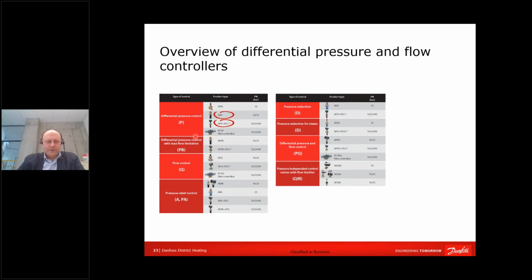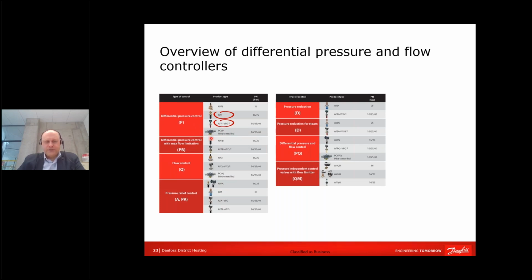Overview of differential pressure controllers. We'll speak about AVP, or automatic valve pressure, we may say so, and AFP plus VFG. There are other components like smaller differential pressure controllers and large ones, pilot controlled ones, which are used quite seldom, so that needs extra discussion.